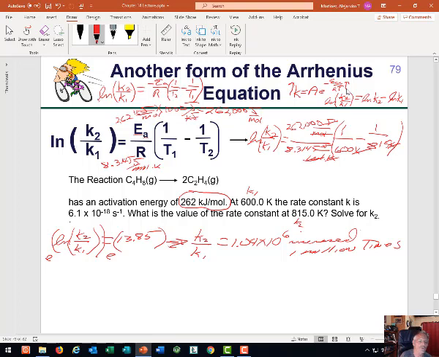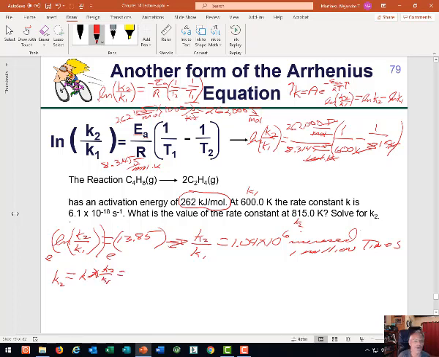What we're interested in here is the value of K2, and since K2 over K1 is equal to 1.04 times 10 to the 6th, we can solve for K2 by simply multiplying K1 times the ratio of K2 over K1.